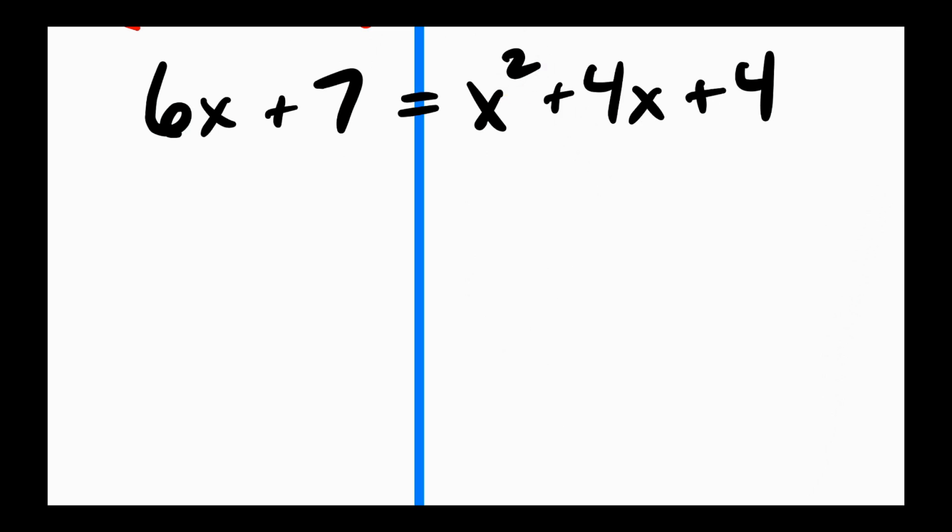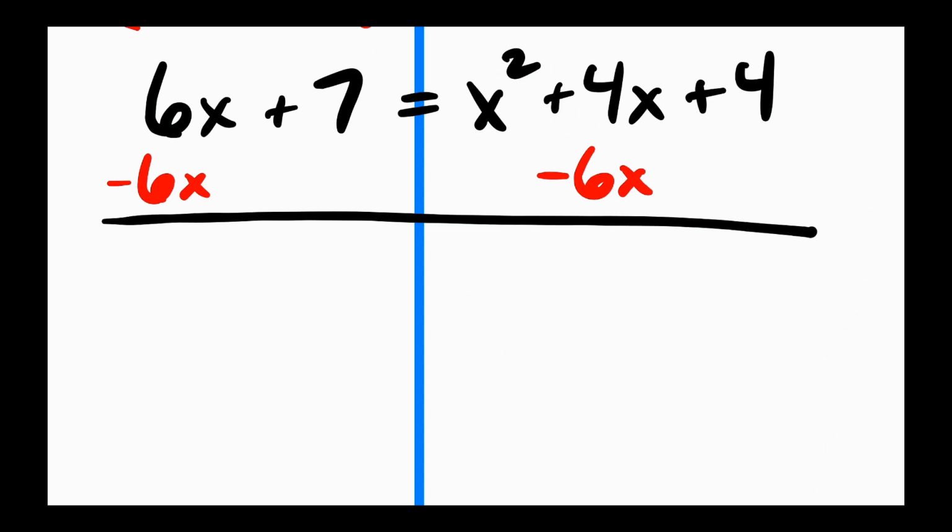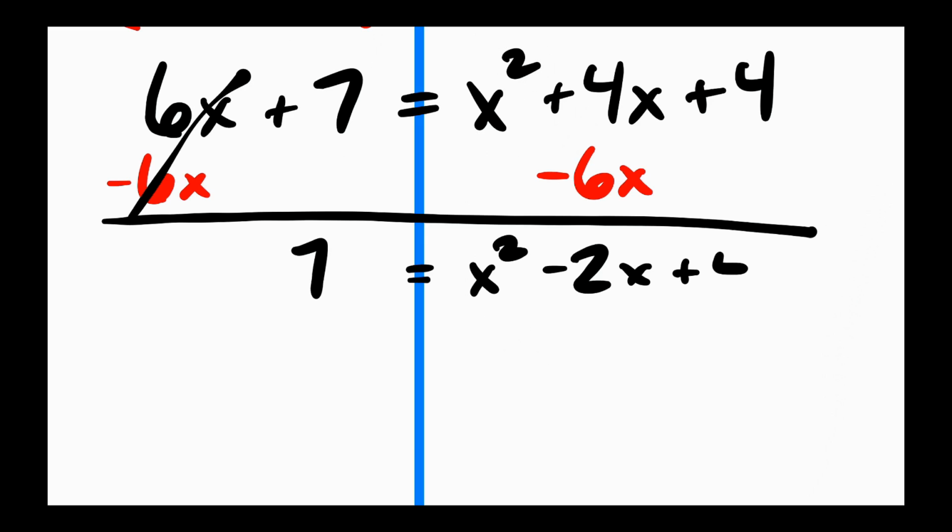So the first step is set it equal to 0. That's the first step for both. Set equal to 0. Okay. Well, that means I got to subtract 6x from both sides. Okay, 6x goes away there. I have a 7 over here. Over here, I have a negative 2x plus 4.